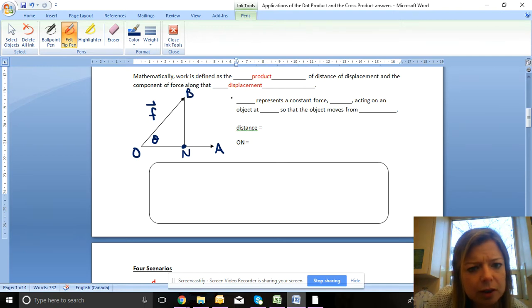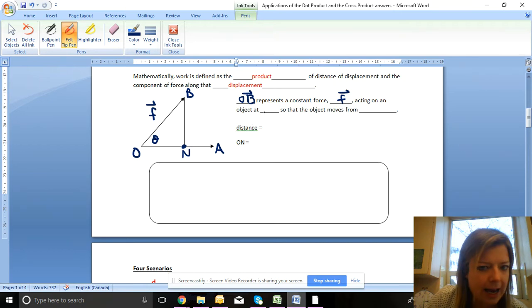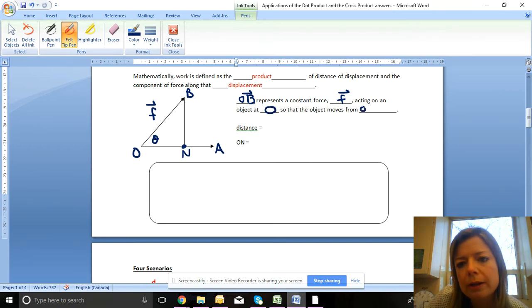So OB here represents a constant force, which we'll call little f, acting on an object at O, so that the object moves from O to A. Then the distance that the object moves is the magnitude of vector OA, and we call that the displacement.